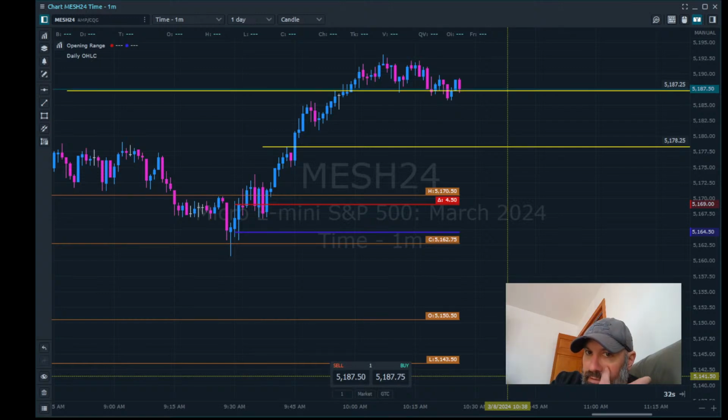I was kind of hoping this might be that energetic candle that took it further down into the gap, but it does not look like it.